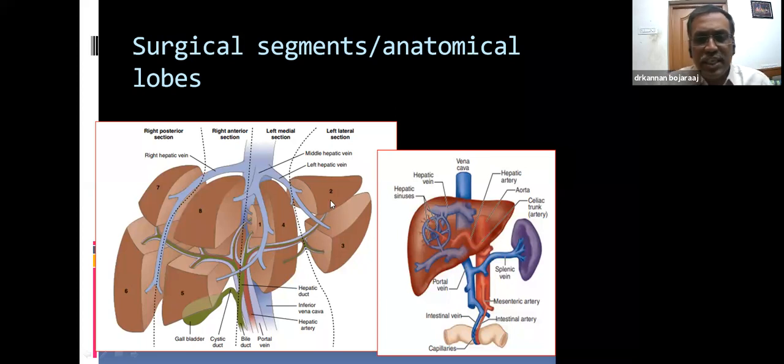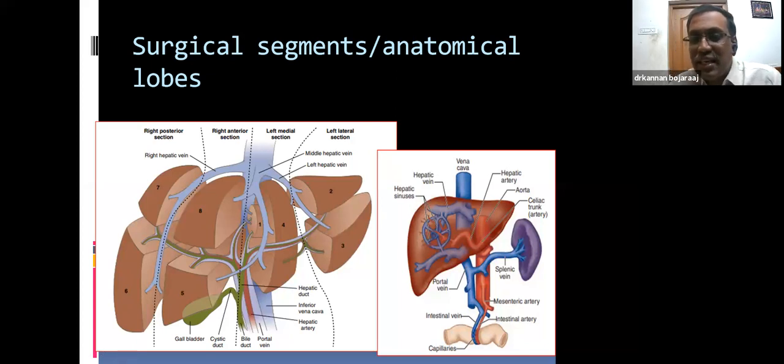On the left side, there is the left lateral section, upper and lower, and the left medial section, upper and lower, by the anatomical location of the portal vein. On the right side, there is the right anterior section, upper and lower, and the right posterior section, upper and lower. Totally, there are 8 surgical segments where hepatectomy is done.